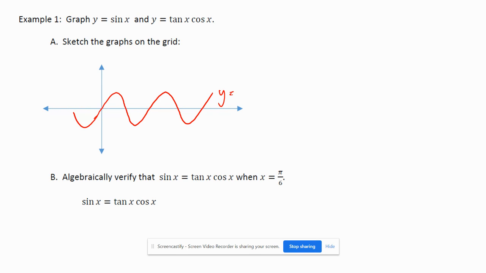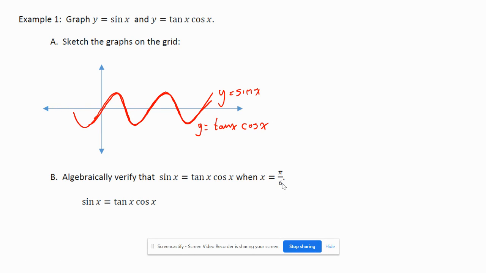So this was y equals sine x, and then y equals tan x is the same thing, just draw an overlapping graph like this, and this is also going to be y equals tan x cos x. Okay, all right. So for part B, it says verify that sine x equals tan x times cos x when x equals pi over 6.